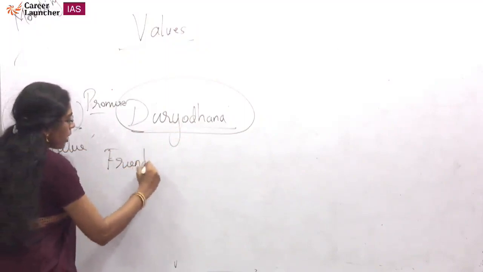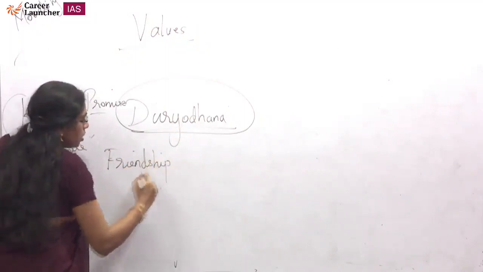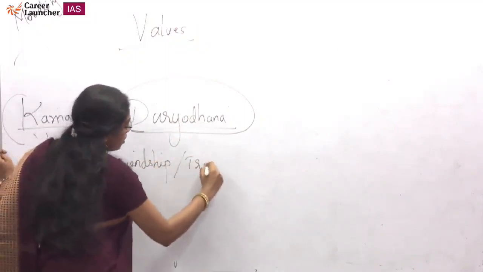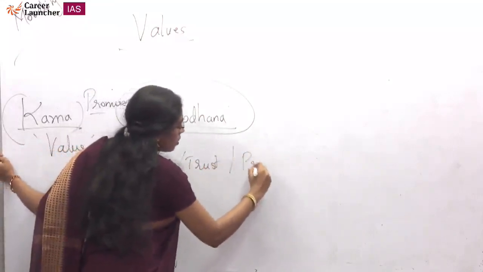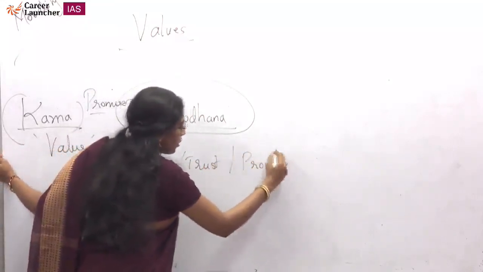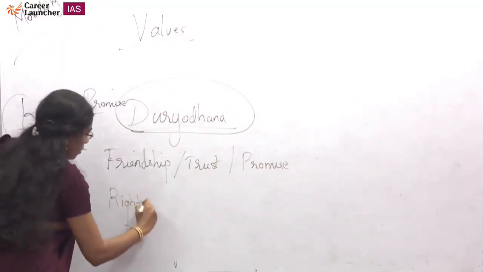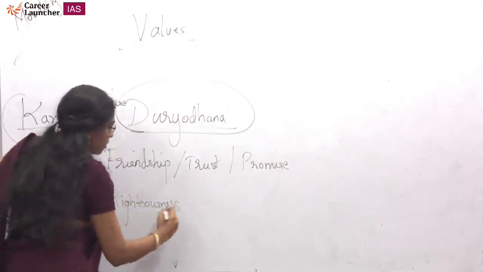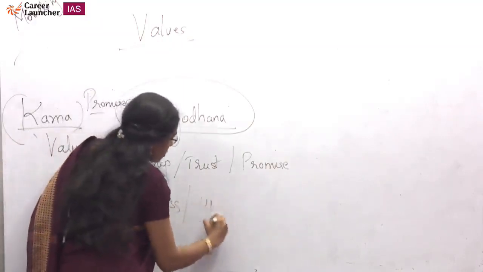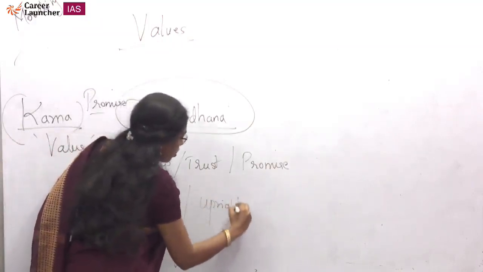See here, he values friendship, trust, promise, more than righteousness, uprightness, truthfulness, all these things we can say.